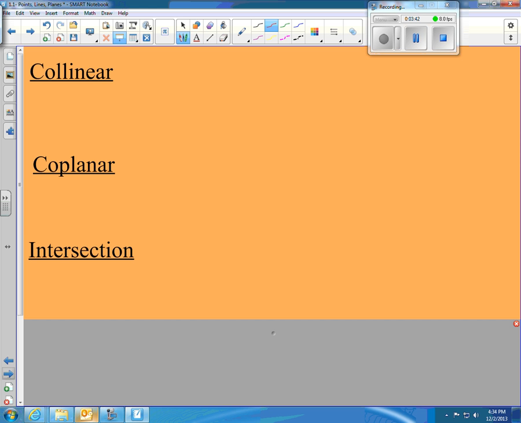Okay, some more definitions we have to get to. Collinear is 2 or more points that lie on the same line. On the same line. The big word that helps you keep that in mind is that it has line in it.